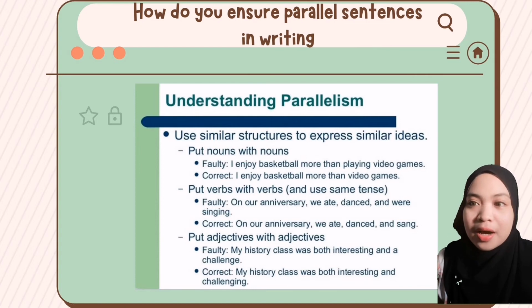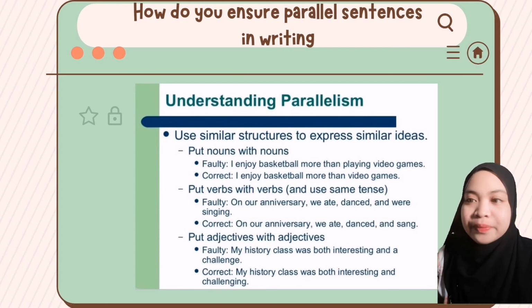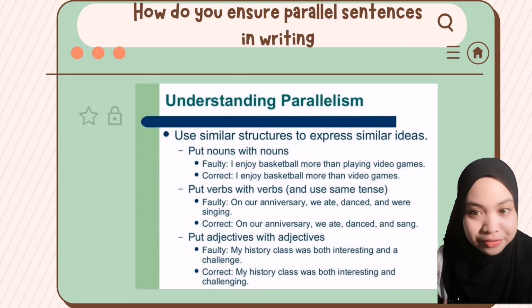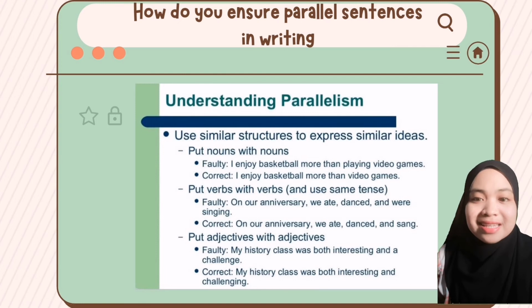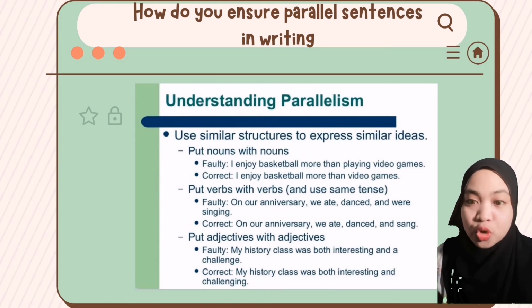Next, put verbs with verbs and use the same tense. The faulty sentence is, "On our anniversary we ate, danced, and were singing." This is incorrect because the tense is not consistent: it has past tense and also present tense.